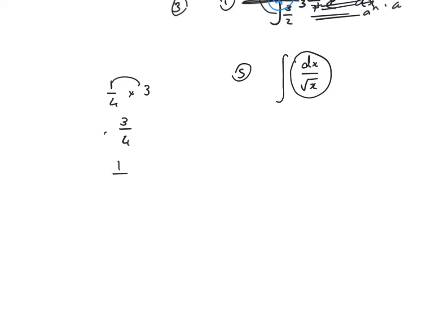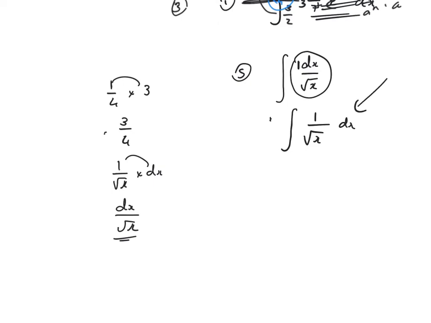Well, if you've got 1 over root x times dx, another way of writing that is dx over root x. So that really just means there's a 1 up there, 1 over root x dx, and that's maybe a more intuitive way to think about that one. But if it gets presented to you in that way, it's looking for you to know that you can write it in that way to get yourself going with the question.